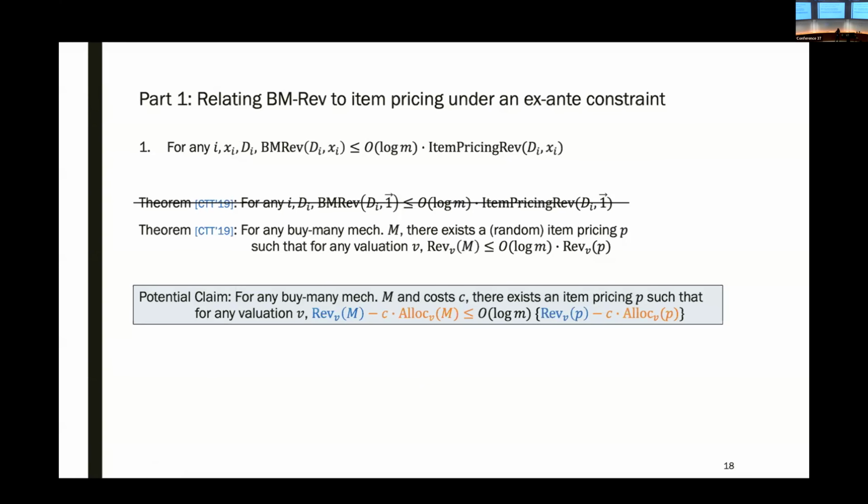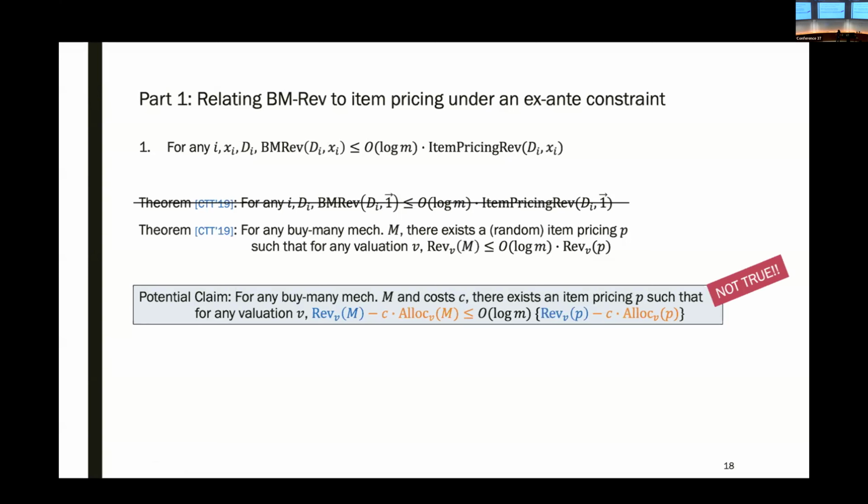We might ask, is this true now? It turns out that this is not true, because in the presence of costs, sometimes when the costs are very high and close to the buyer's value, by just selling the buyer the right kind of lottery, the by many mechanism can do very well, whereas an item pricing might not be able to exploit those small gaps.